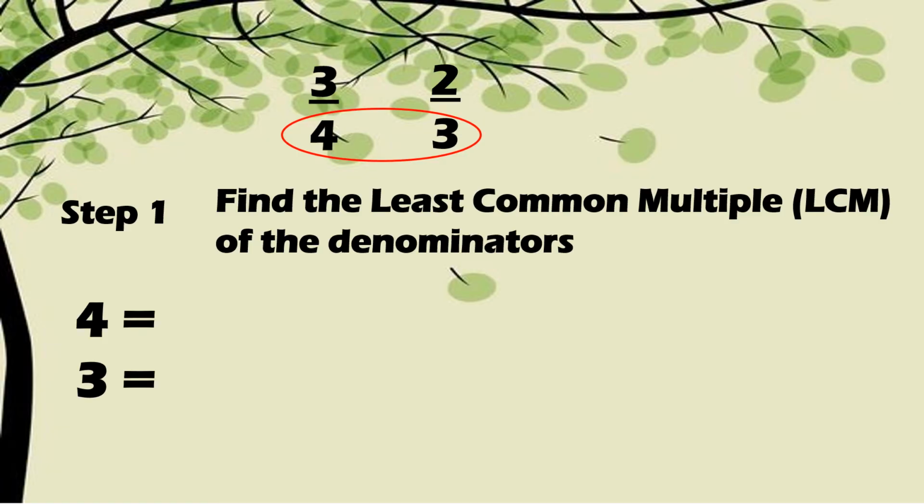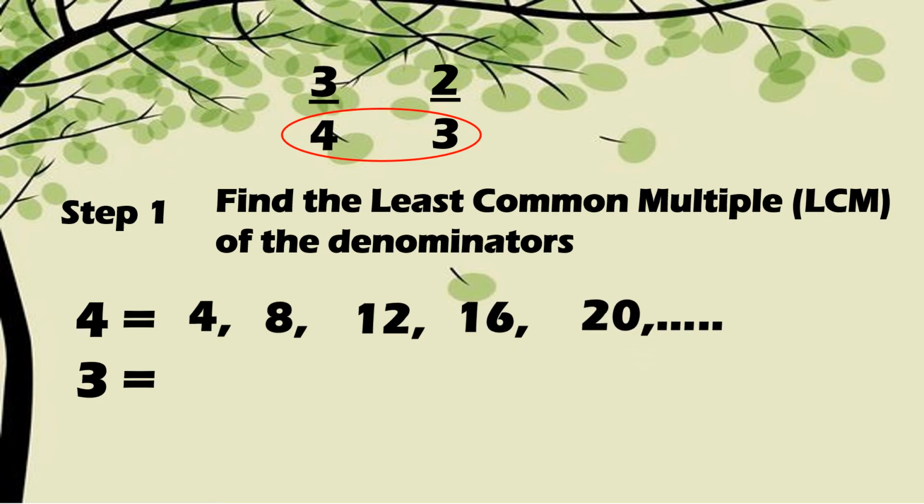These are our denominators. So the multiples of 4 are 4, 8, 12, 16, 20, and so on and so forth.